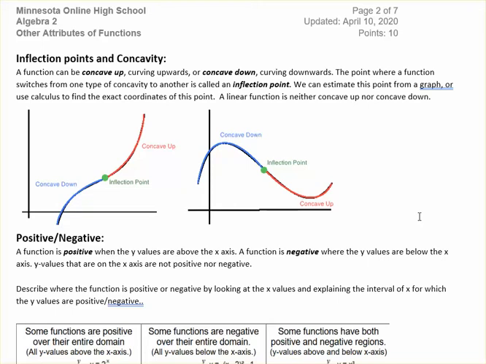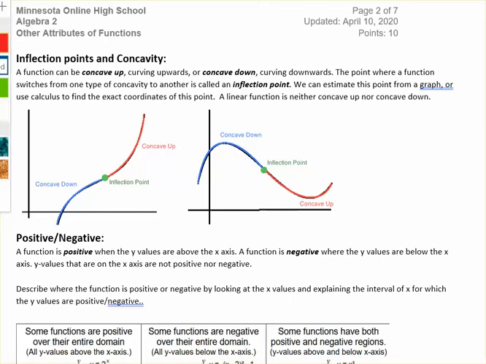Next thing we're going to talk about is inflection points. An inflection point is where the graph changes from concave up to concave down or vice versa. Concave up is when it forms this shape, and it's especially easy to tell on this section over here.